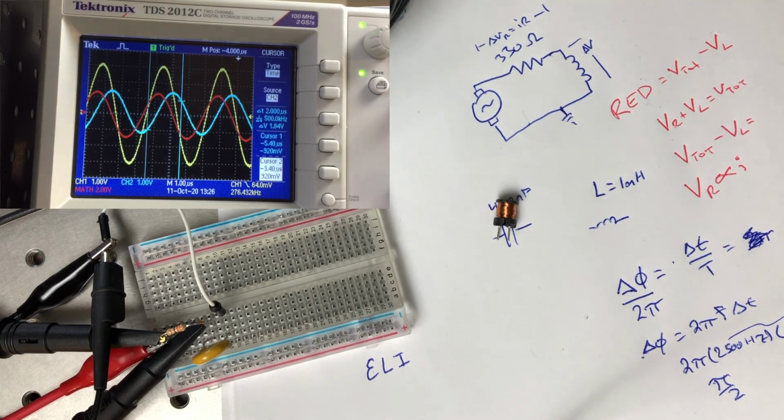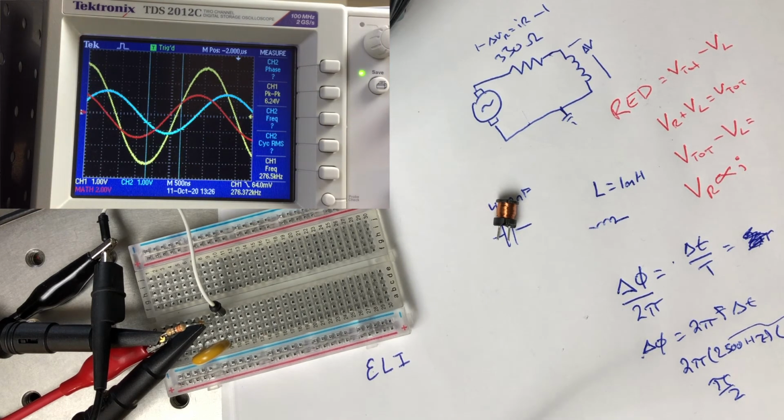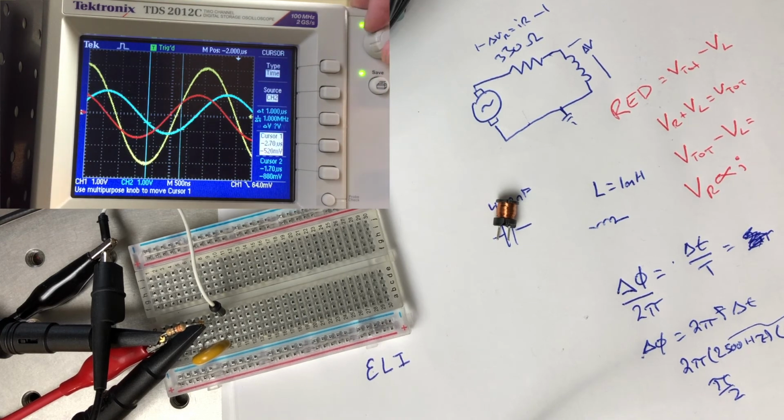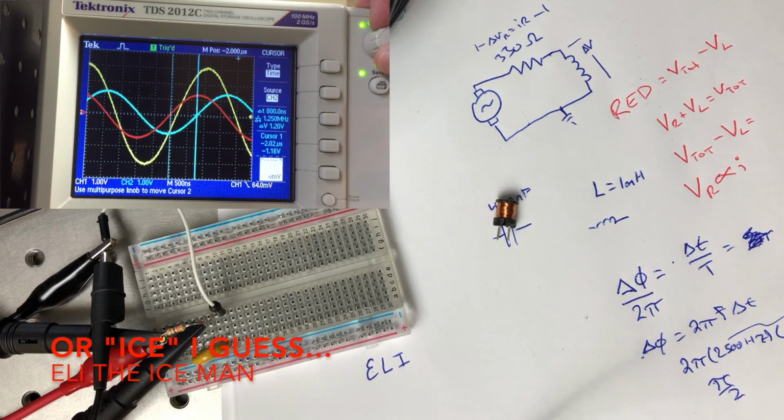So we have a frequency, according to my oscilloscope, of about 276 kilohertz. And if I can move my cursors here, let's find some zero crossings. Notice that now the current is on the other side. The current leads the voltage because of Eli.